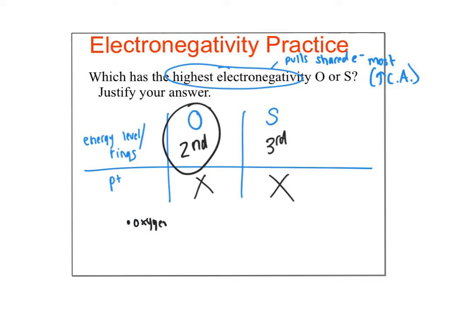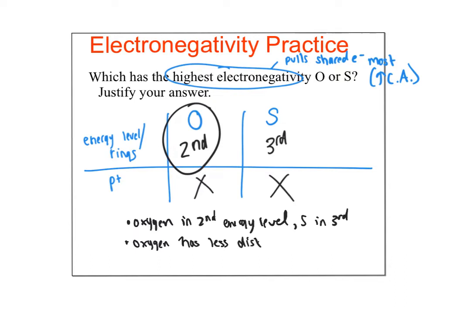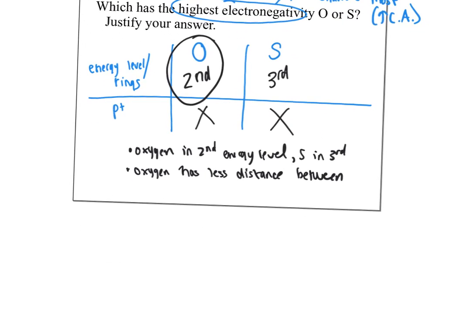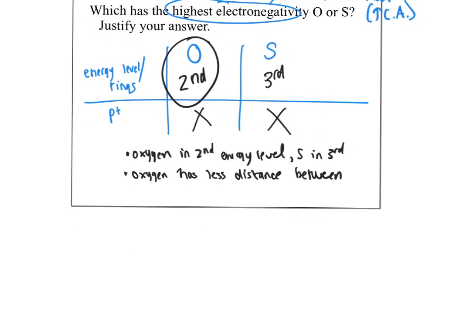Oxygen in second energy level, sulfur in third. Oxygen has less distance between the shared electrons and the nucleus.